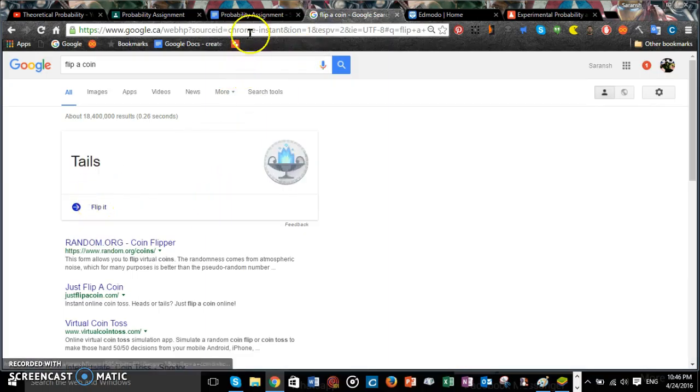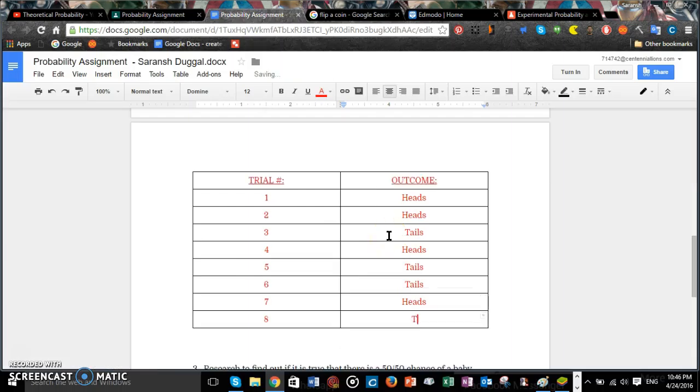Flip it, and tails. So now let's count how many heads and how many tails we got. So we got 1, 2, 3, 4 heads, and 1, 2, 3, 4 tails.